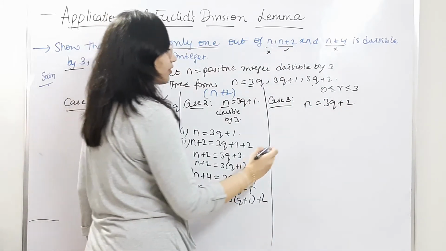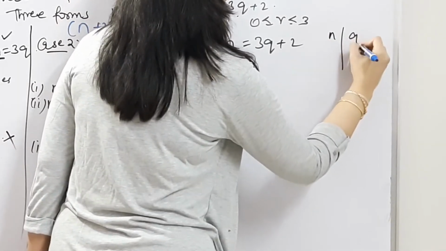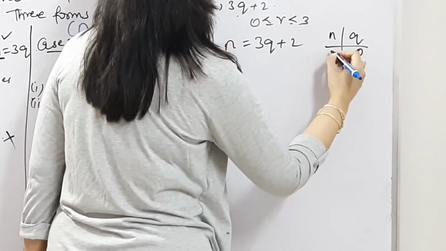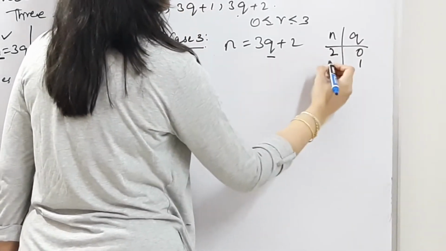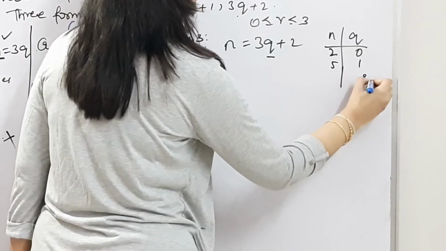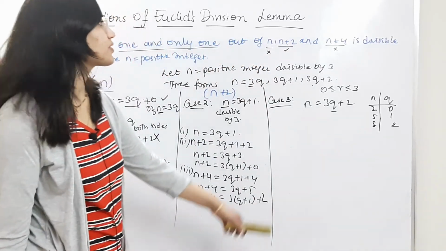If you take q as 0, we get n as 2. q is 1, we get n as 5. q is 2, we get n as 8. So there is no number in n that is divisible by 3.